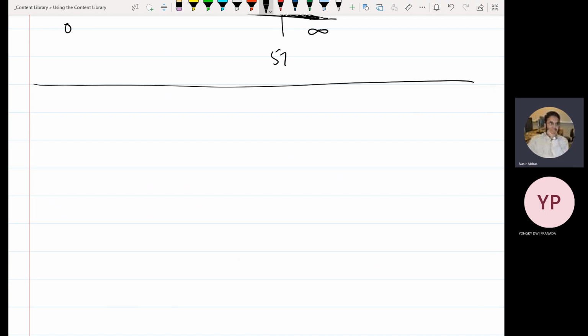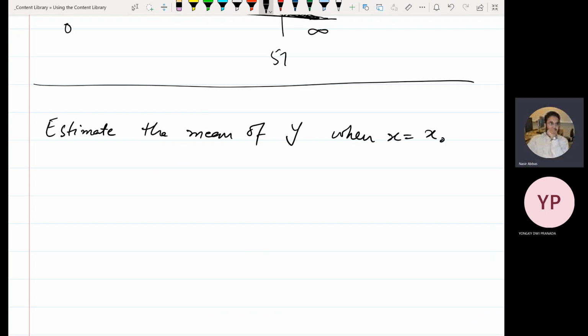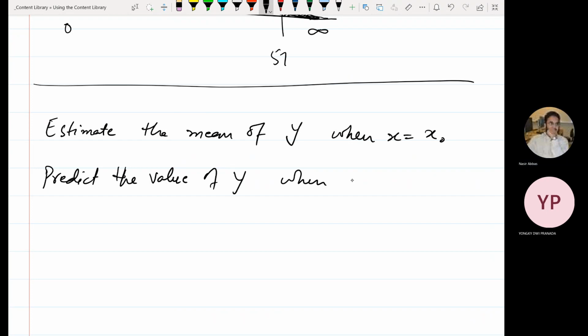Once the model is fitted, it can be used for two purposes. What are the two purposes? Estimate the mean of y when x is x naught, and predict the value of y when x is x naught.